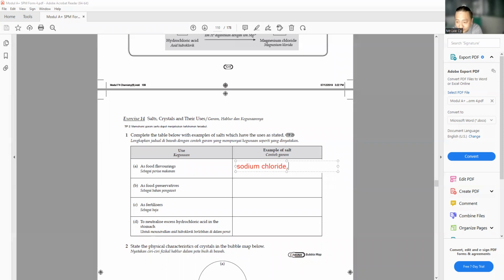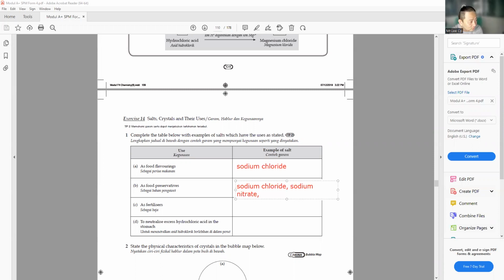Sodium chloride, right? Not only this, you can have others. So I write one, sodium chloride, enough. Okay. Food preservative, you add in, then it can last longer, right? So you can have sodium chloride, sodium nitrate, right?